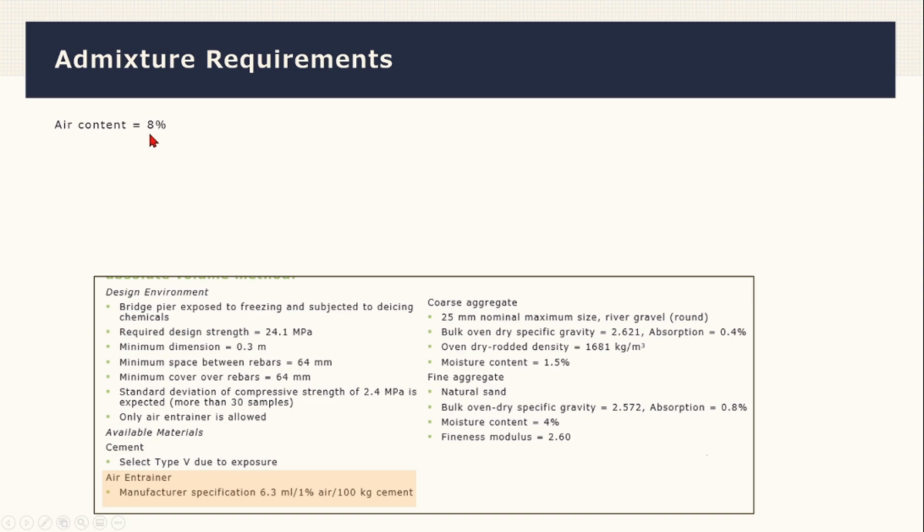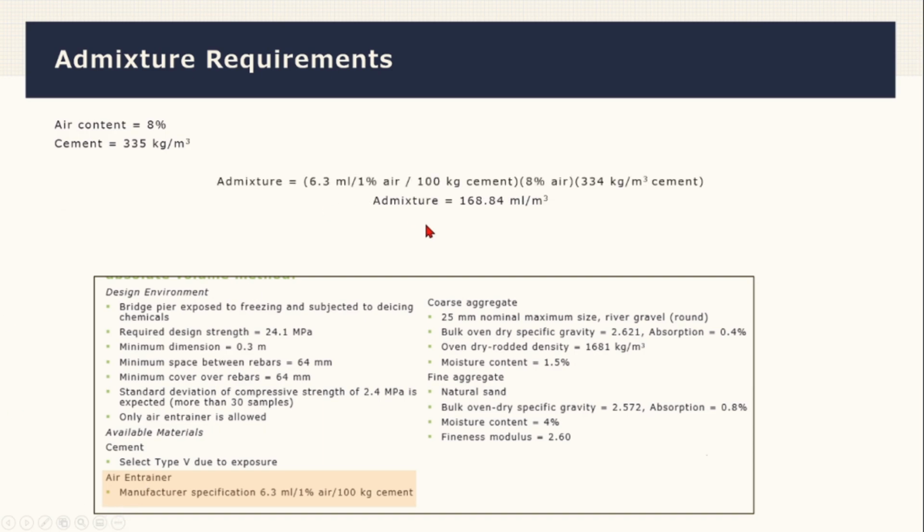Since we already have 8% of air content that we have calculated, we just have to multiply this air and cement by the manufacturer specification and that will give us our admixture, which is 168.84 milliliters per cubic meter of concrete.